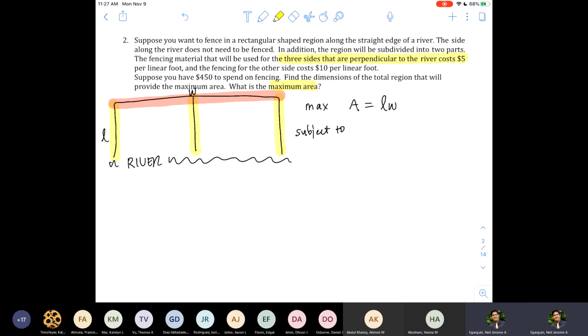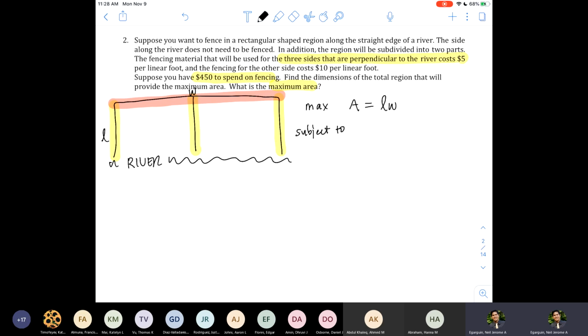But what are the constraints here? Well, the constraint is that we have $450 to spend on the fencing, right? And the cost per foot of fencing on the sides of the rectangular plot varies depending on where the side to be fenced is located, right? But basically, for those highlighted in yellow, what would be the total length of fencing needed there?